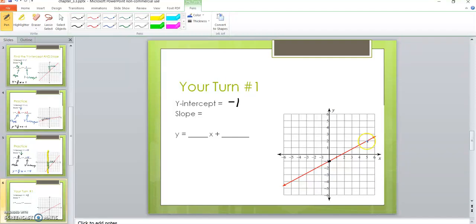Looks like we have a dot right here. So we make our triangle, and we're going up 1, 2, 3, and then we're going over 1, 2, 3, 4, 5.